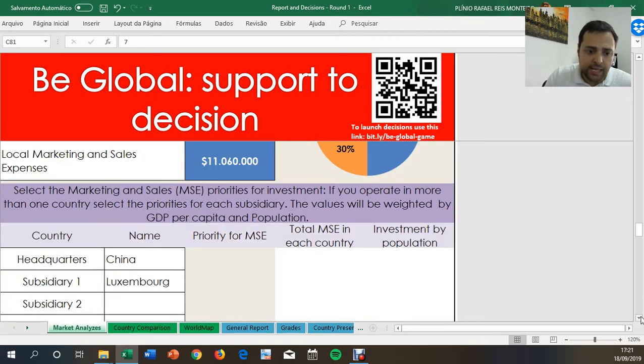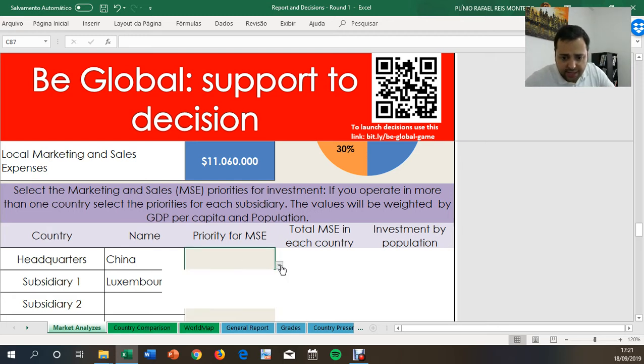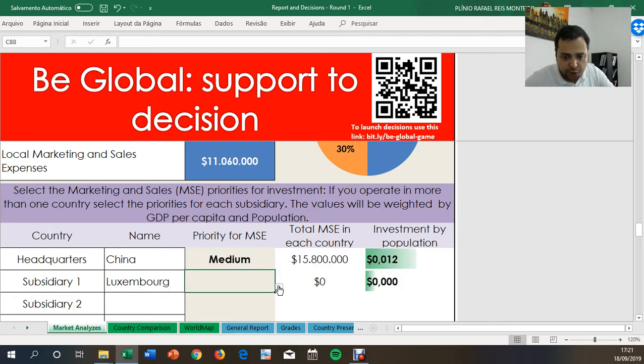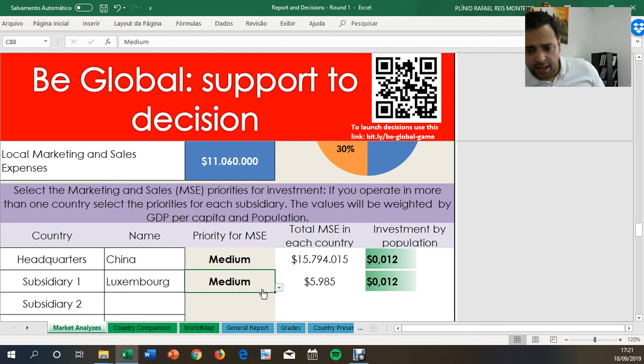And finally here, I need to choose the priority for marketing and sales expenses. Let's take an example and put a medium priority for each country. As you can see, if you have a medium priority, it means that you're going to invest 1.2 cents of dollar per each citizen living in the country.